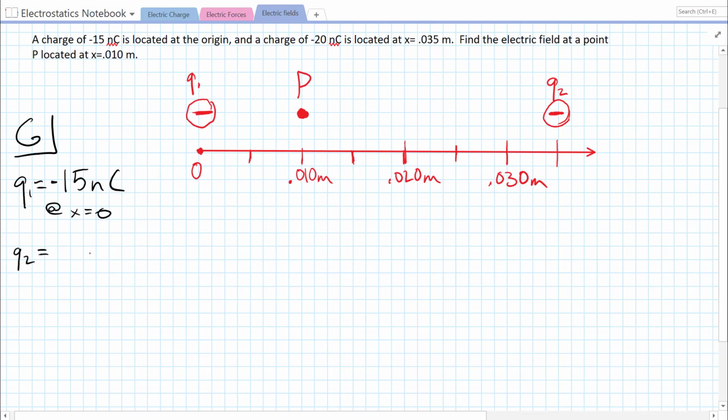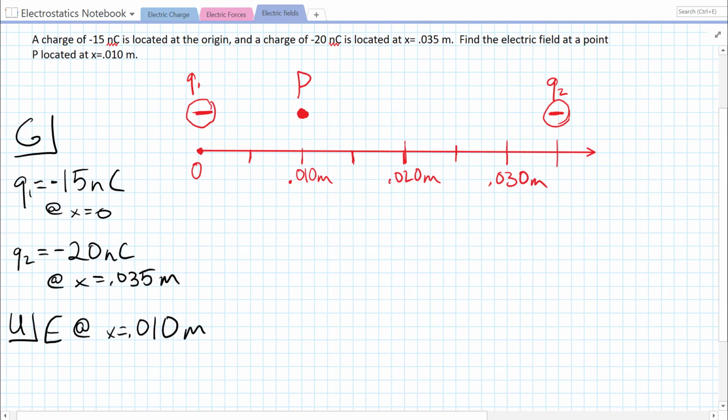Q2 is equal to minus 20 nanocoulombs, and the location is x equals 0.035 meters. And our unknown is then just going to be the electric field at x equals 0.010 meters. That's the electric field at our point P.